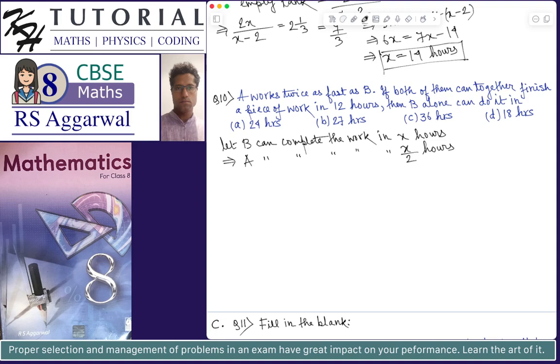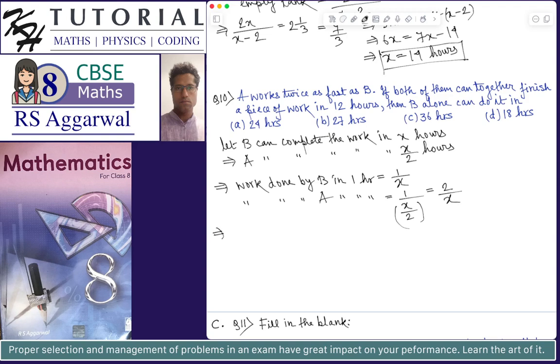Now we have to first find the work done by A and B in 1 hour. So work done by B in 1 hour will be equal to 1 by x, and work done by A in 1 hour will be equal to 1 by x by 2, which is equal to 2 by x.